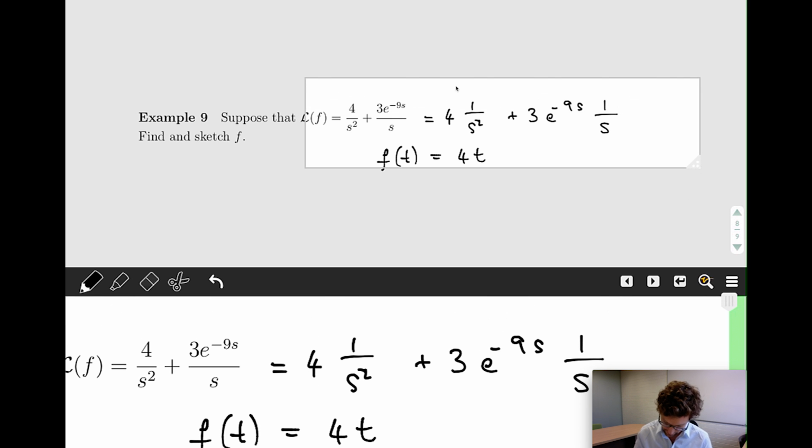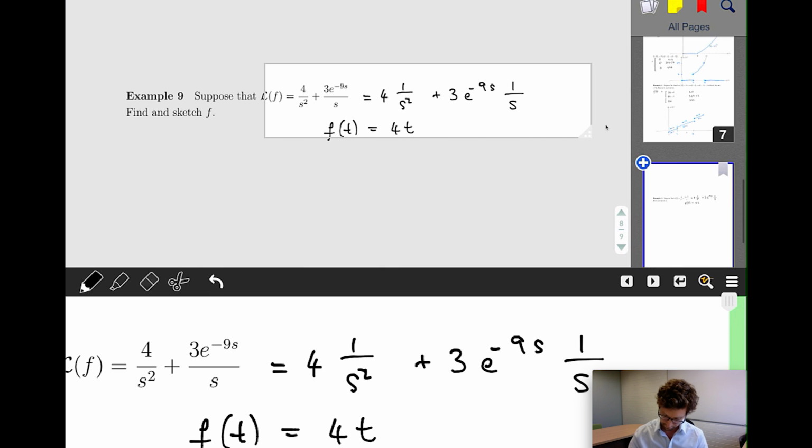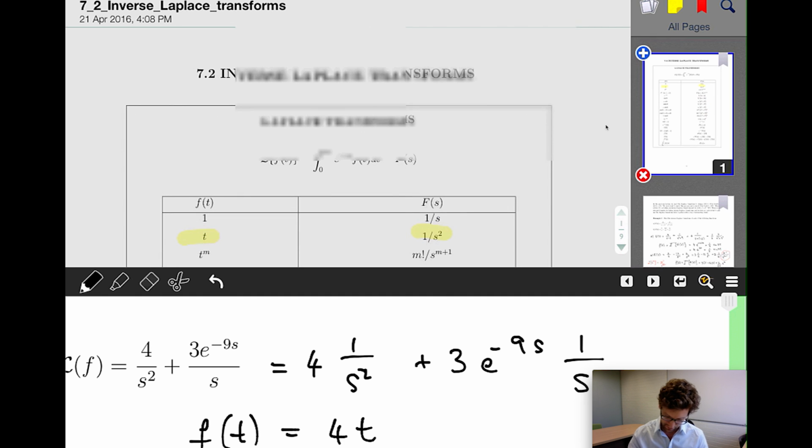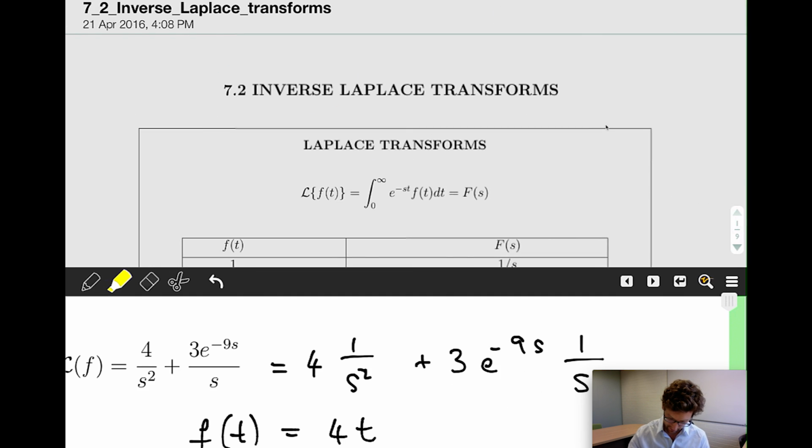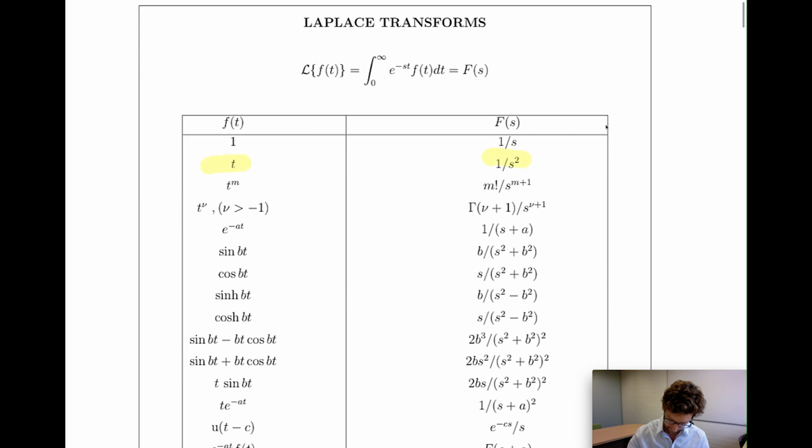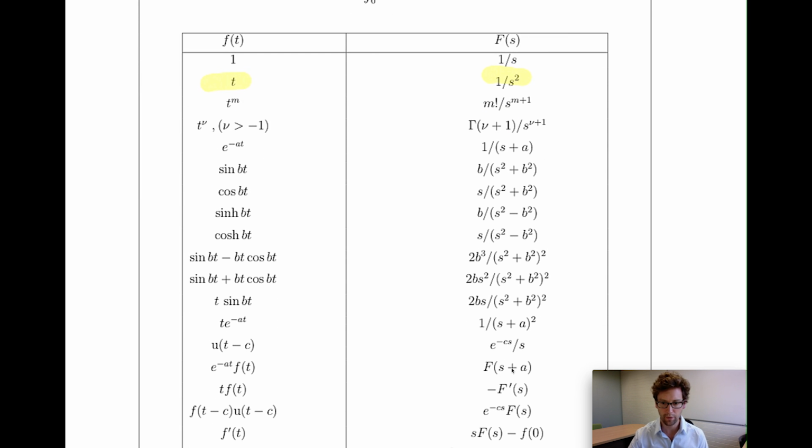Now let's take a look at this other piece, 3e to the minus 9s 1 over s. Well, you see we've got an e to the minus 9s 1 over s, so let's take a look at our tables. See if we can spot something that looks kind of similar. You notice here that we've got an e to the minus cs over s is equal to our Heaviside.